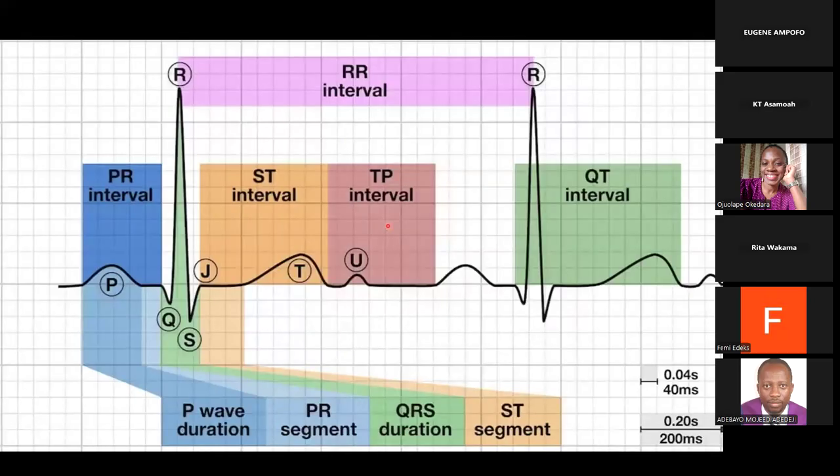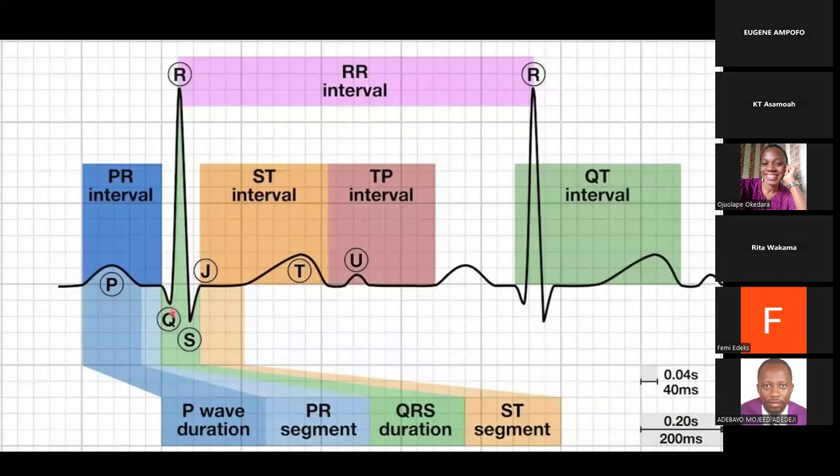And then this is the ECG, which we are all familiar with once again. The P wave here corresponds with atrial depolarization. This PR interval is the physiological delay that is induced by the AV node to allow for ventricular filling.